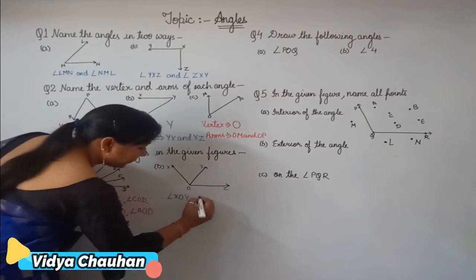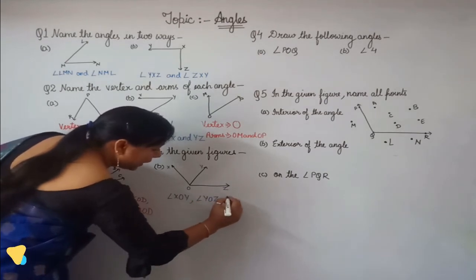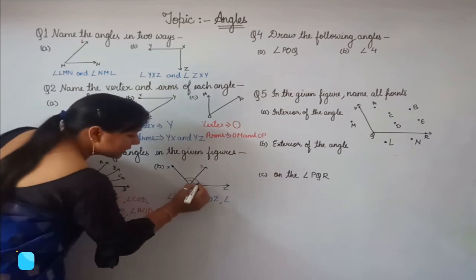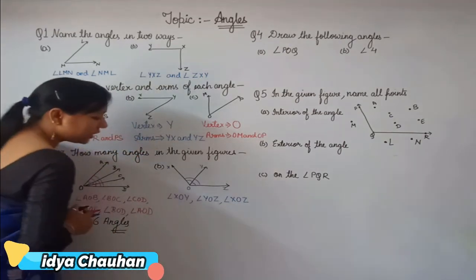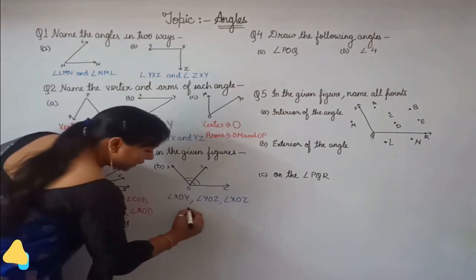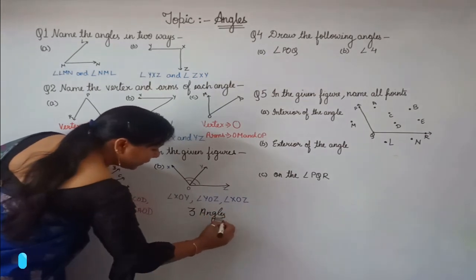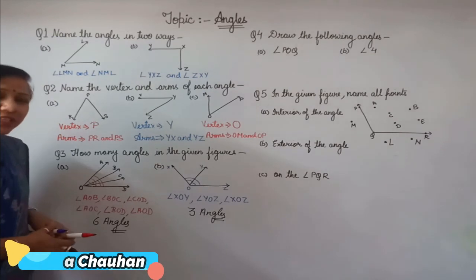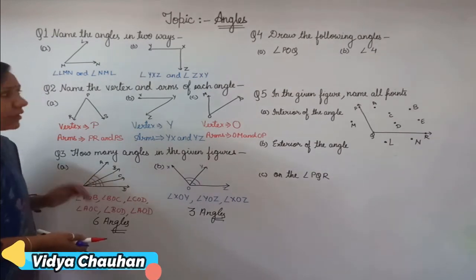Angle XOY, then angle YOZ, and third will be this complete angle, that is angle XOZ. So total how many angles we got? We got 3 angles in this given figure. So there are total 3 angles in this figure. Clear, students? This is how you can find the number of angles in any given figure.